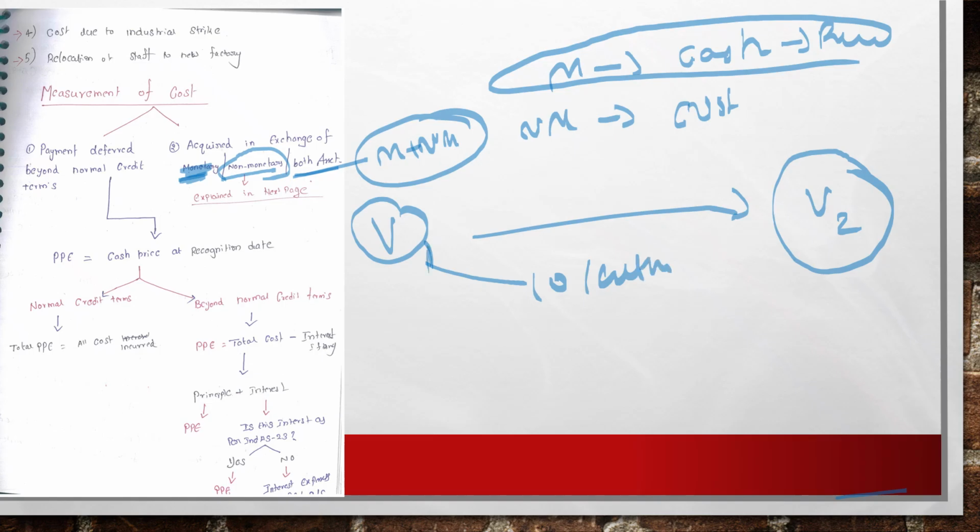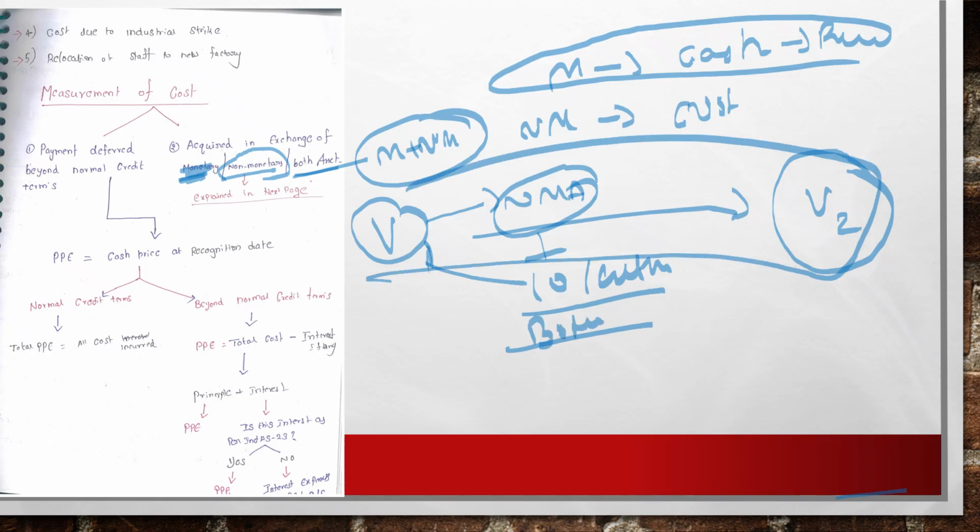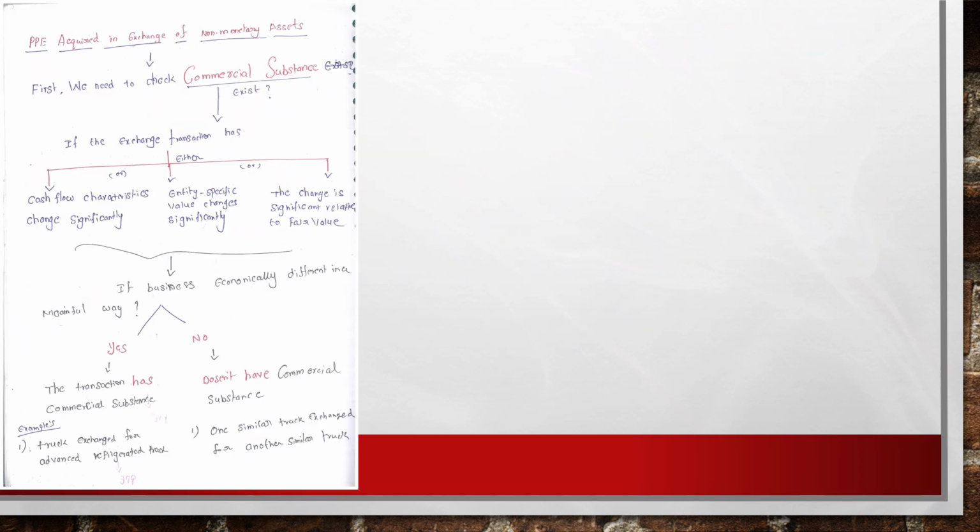So you have exchanged a non-monetary asset and a few monetary benefits. So if both are covered, or if you exchange only non-monetary assets, that particular transaction is covered in this concept. They will see on the next page how we account for them.